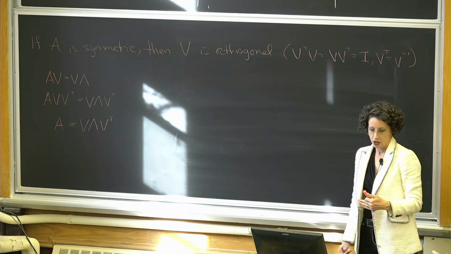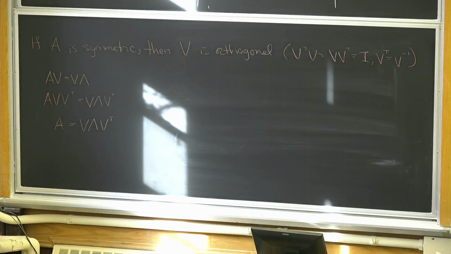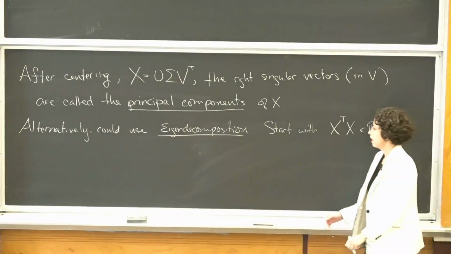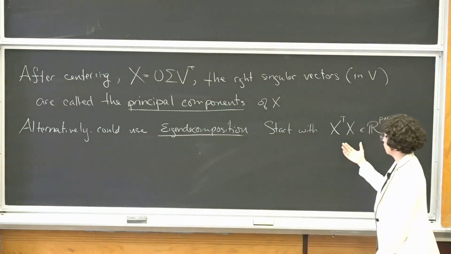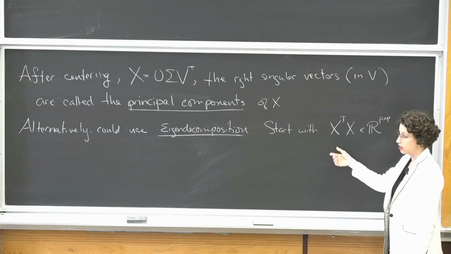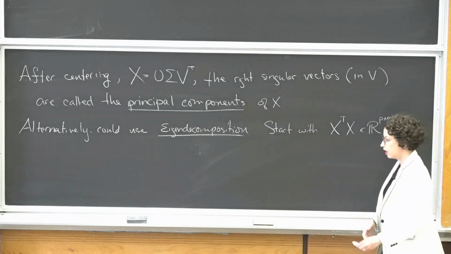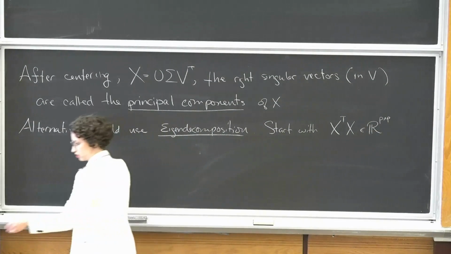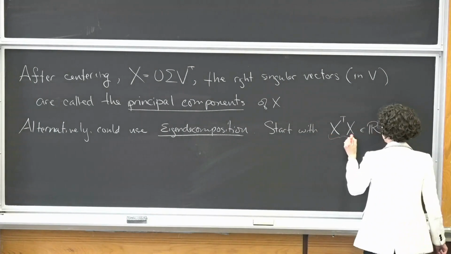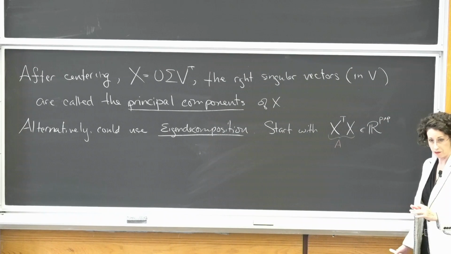Okay, so now we can go back to what we were talking about before with principal components analysis. What I told you is that with PCA, we would start with X transpose X, and we would do an eigendecomposition. So in the context of what I just described, this X transpose X is our matrix A, and it is symmetric.